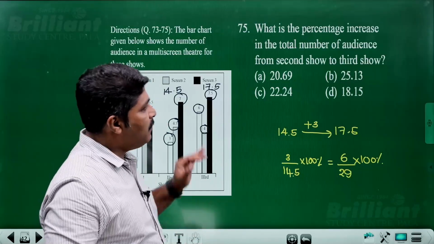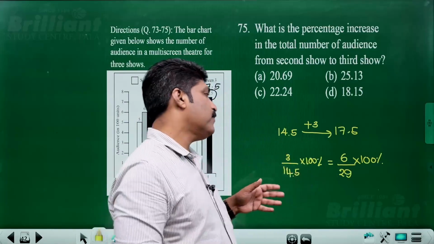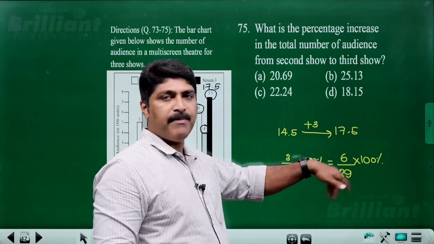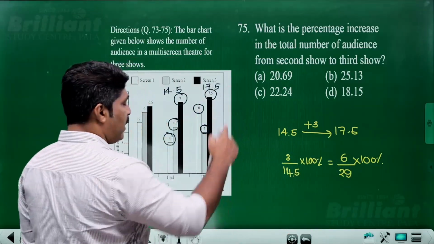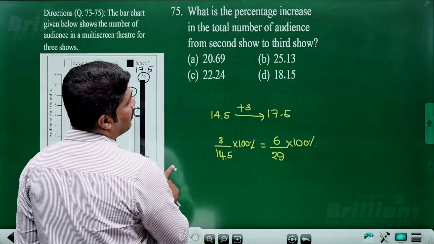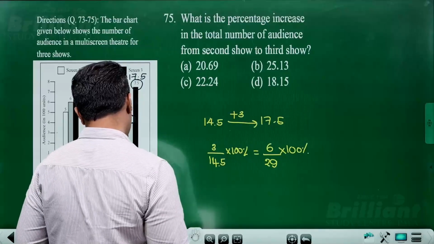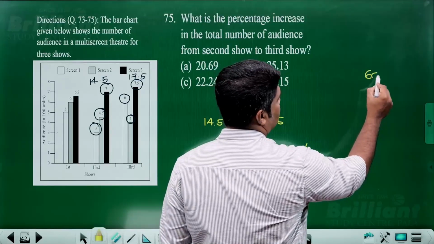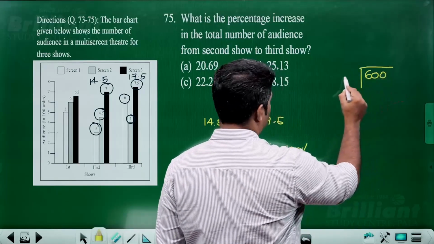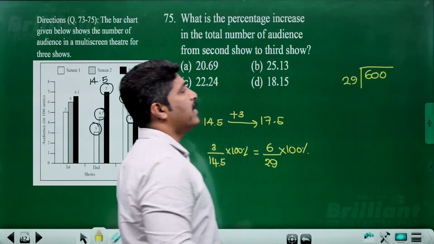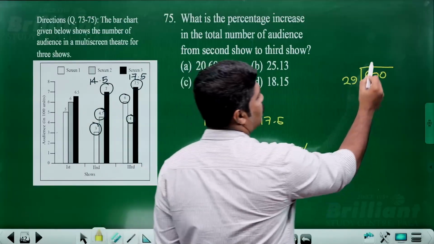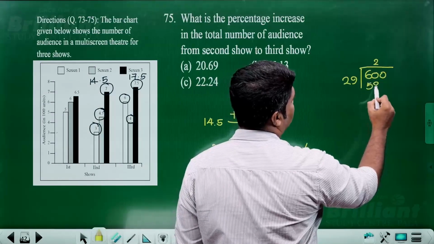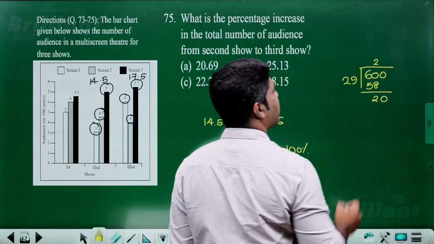If there is a confusing set of values, then only you have to do it. Otherwise, you can do the approximate type of operation. Anyway, here the options are a little bit closer. Therefore, we can check which will be the most accurate operation. Here, this is 600 divided by 29. How many times does it lie here? This is 2 times 29, that's equal to 58. 20 will be there, right?